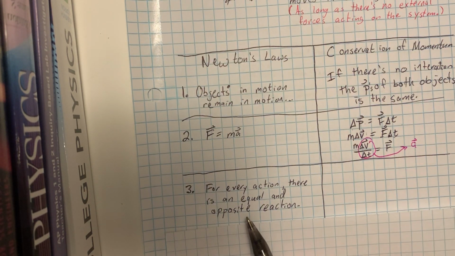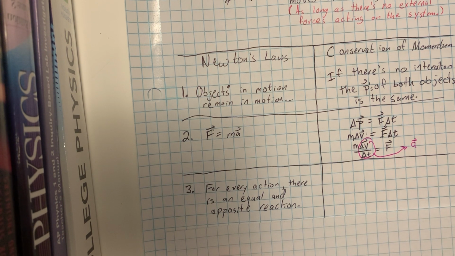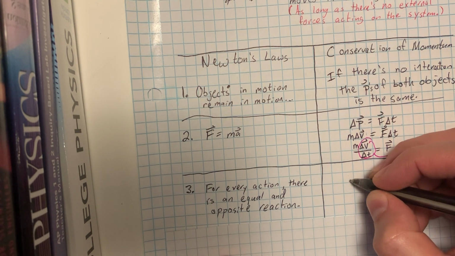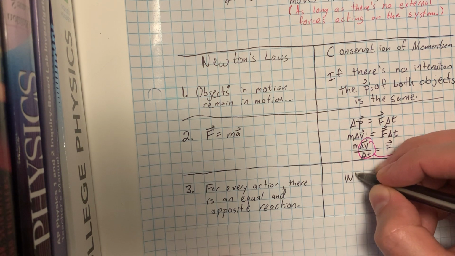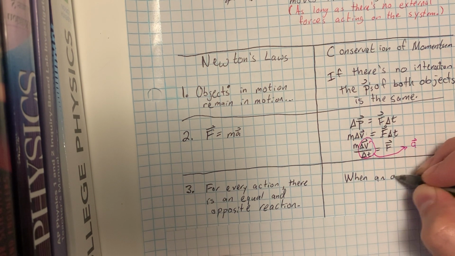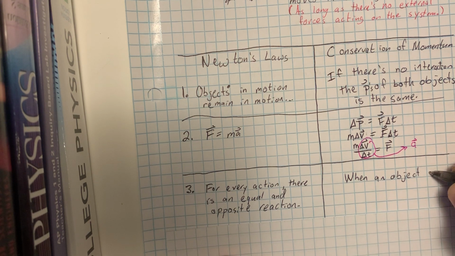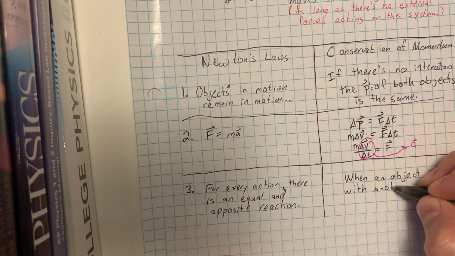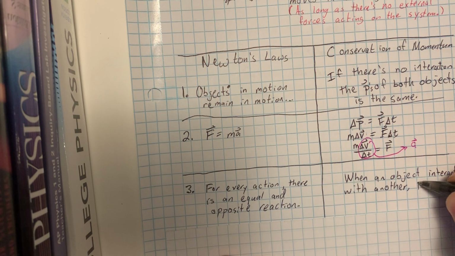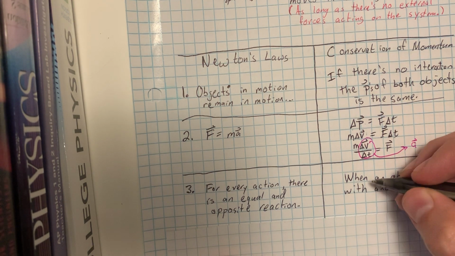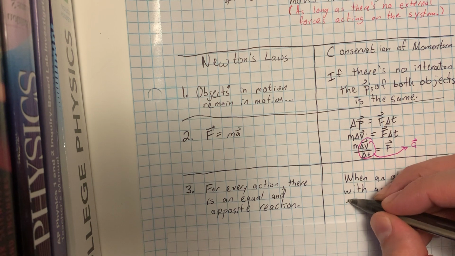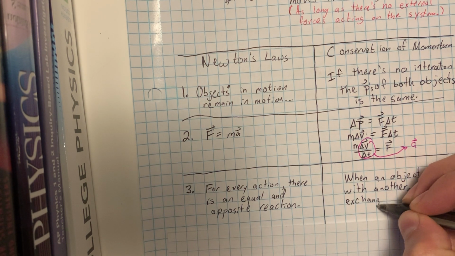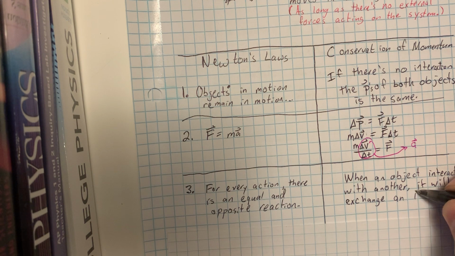And then for Newton's third law, for every action there's an equal and opposite reaction. Well, when an object interacts either through a collision or an explosion with another, it will basically exchange an impulse, right? So impulse is a change of momentum.